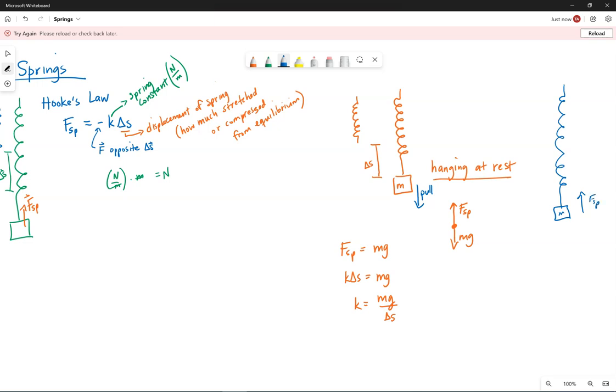It's going to make it move. The spring is going to do work on the mass, and so it will make the mass speed up. But as it continues upwards, it's going to slow down because of the force of gravity and eventually reach a maximum height. And then it's going to fall back down. It's going to do this up and down for a while, depending upon how much thermal energy is created while the spring and mass are in motion.